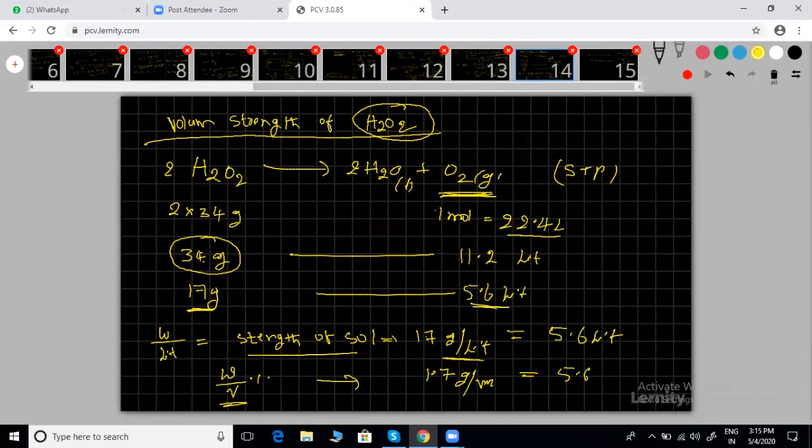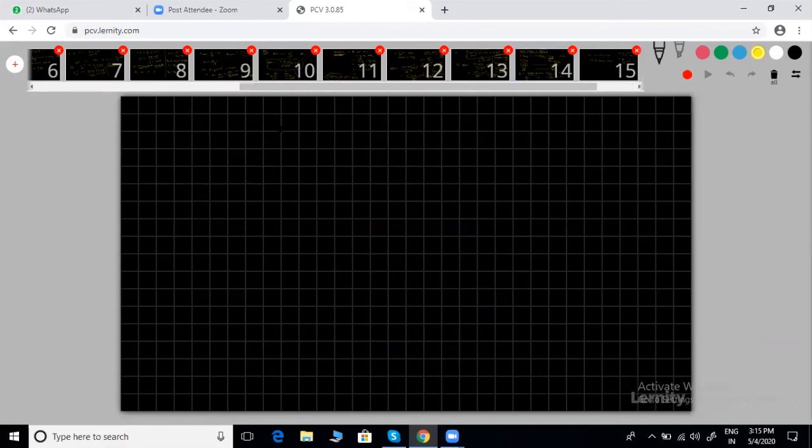Suppose 17 grams per liter is dissolved, how much will we get? 5.6 liters. So 34 grams is 11.2 liters, nothing but 1 M solution.